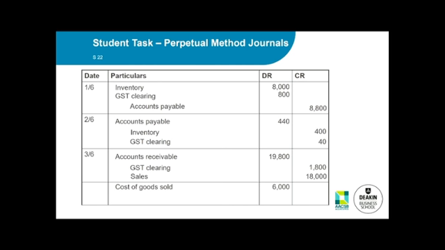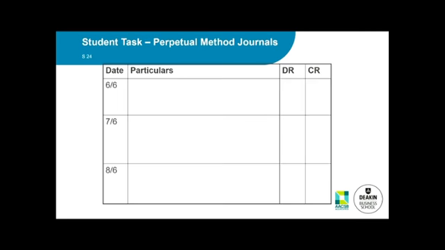So we owe them 8360, but we're paying them only $7,500. That means the difference is a discount that includes GST in it. So let's go through that together. The value of the accounts payable is 8360, right?